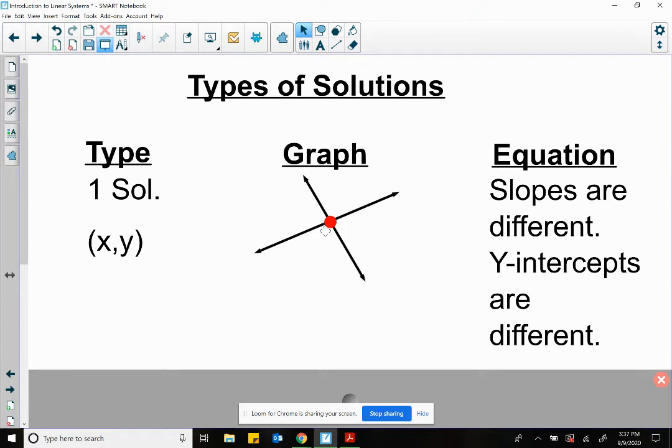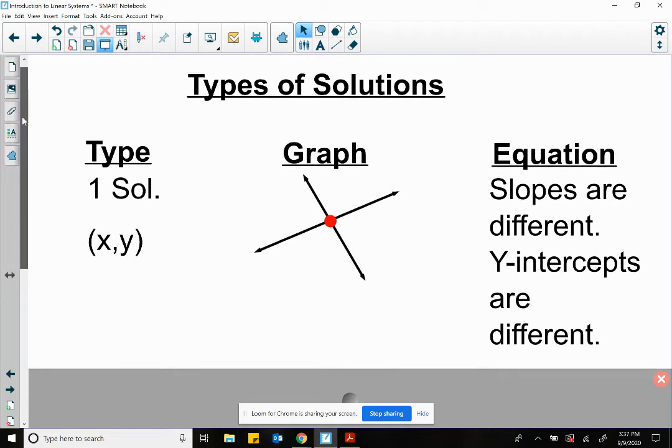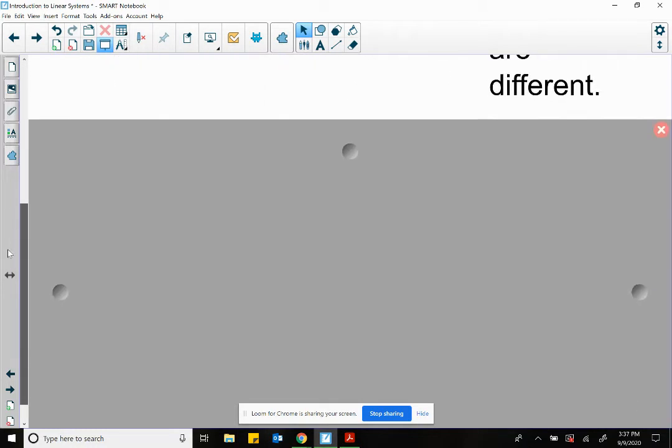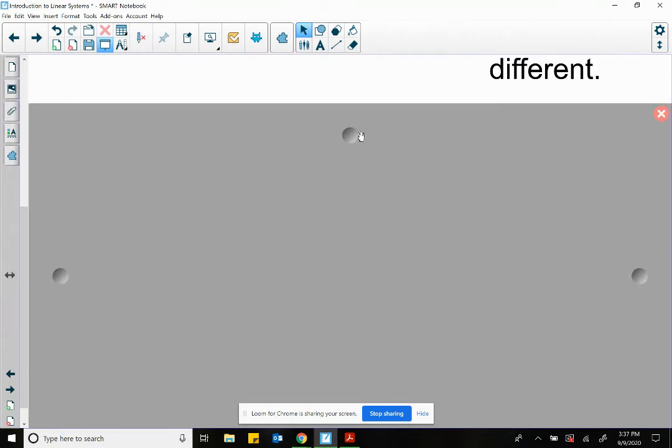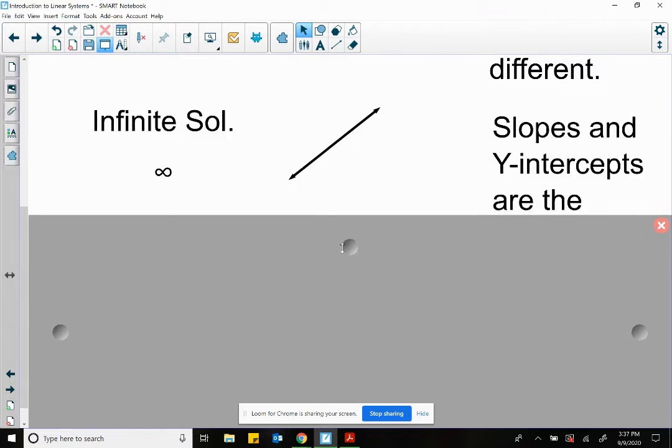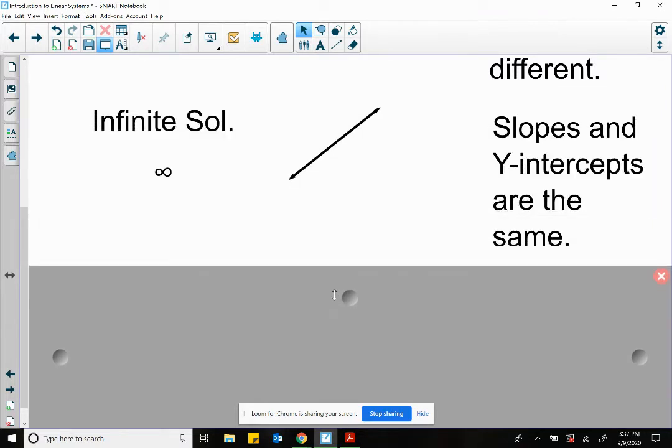Graphically, they intersect at one point. Equation-wise, there are 2 different slopes and 2 different y-intercepts, generally. All right, the next type of solution is what we call an infinite solution. Okay? Infinite solution, basically it's just the infinity sign.